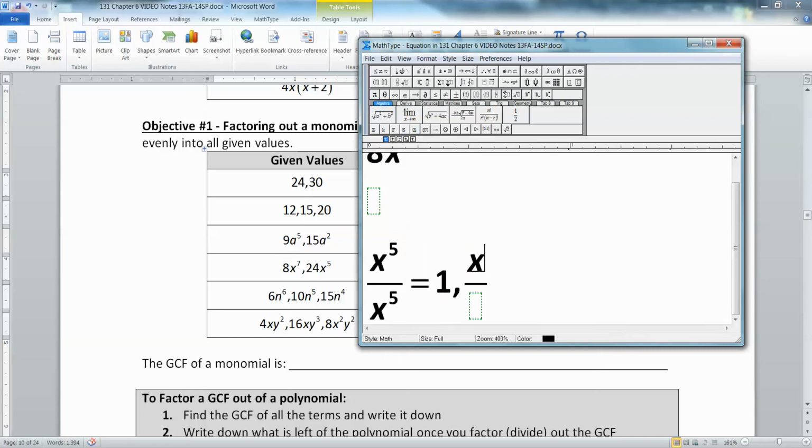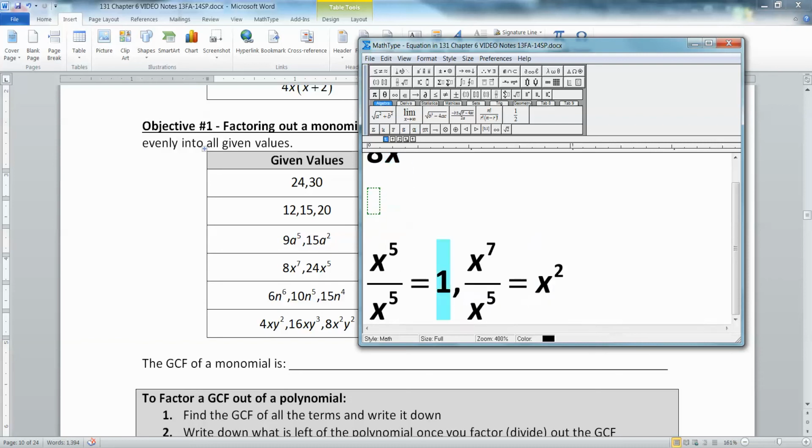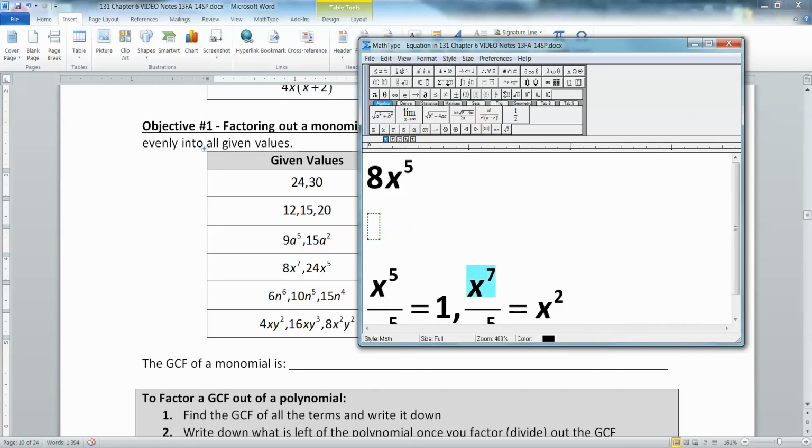And then can I do it again for x to the 7th? x to the 7th over x to the 5th goes in x squared times. That works. What you don't want is to end up with anything in your denominator. If you end up with anything in the bottom, it's no good. And this works. So both of these things are divisible by x to the 5th. x to the 5th divides into x to the 5th 1 time. x to the 5th goes into x to the 7th x squared times. So it all works out.